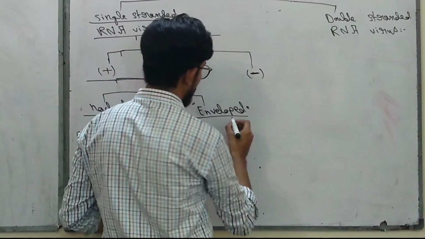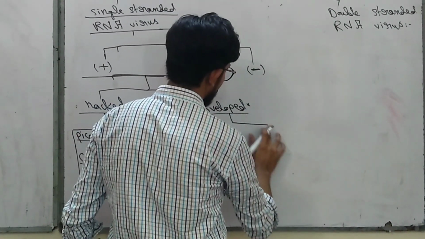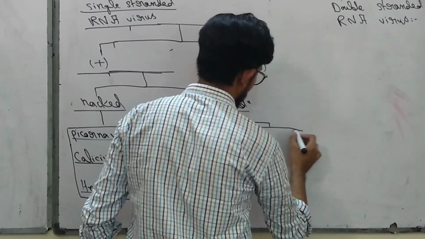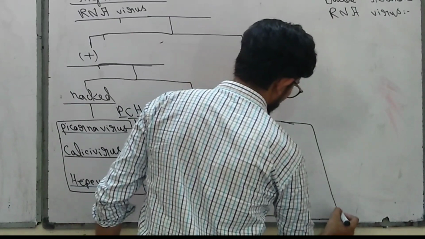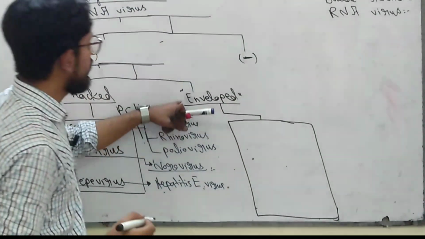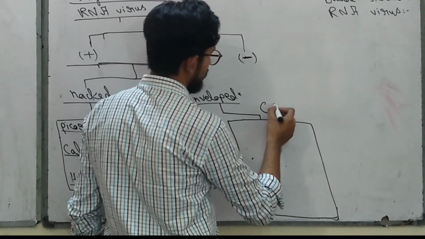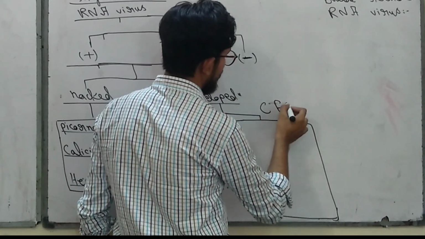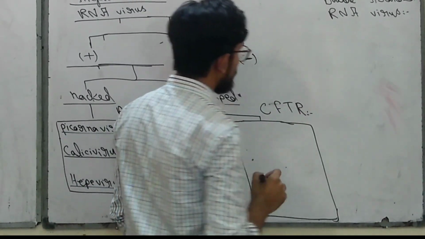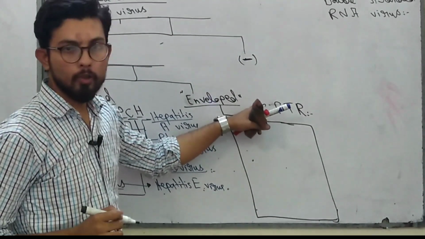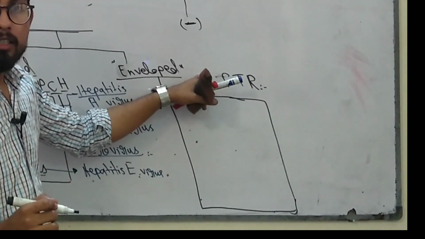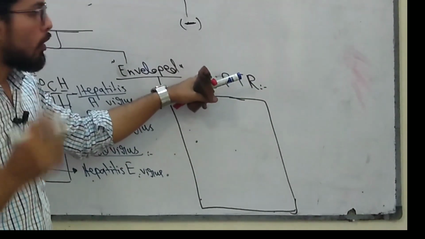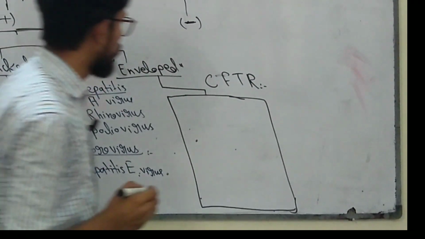Next is the enveloped viruses. I want to draw it here. The mnemonic for the enveloped viruses is CFTR. CFTR is a channel protein that helps in the exchange of chlorine. When the gene for the CFTR channel is mutated, the classical disease that results is cystic fibrosis.